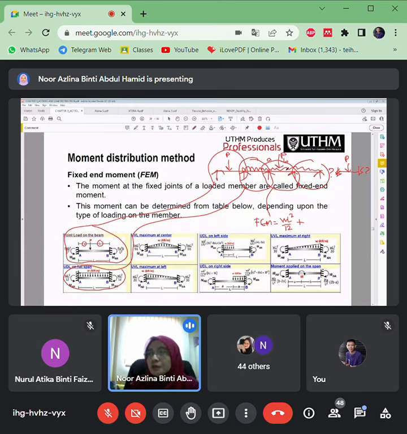Let's say this example is for a point load that is not at the centroid. So plus the point load, P A power of 2 B divided by L power of 2.